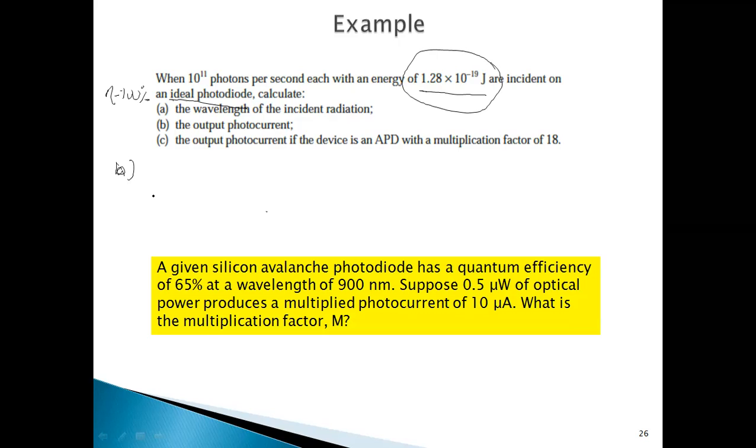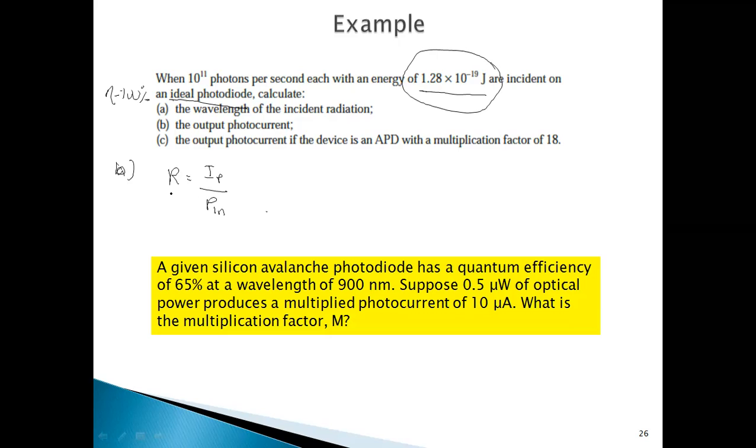For this calculation, responsivity is one of the equations that can be used to calculate the output photocurrent, because from the equation that we have learned previously, responsivity is equal to the output photocurrent divided by the input optical power.